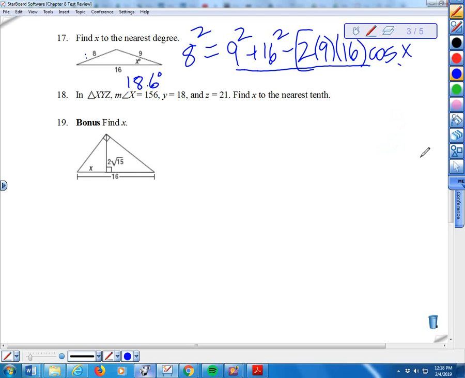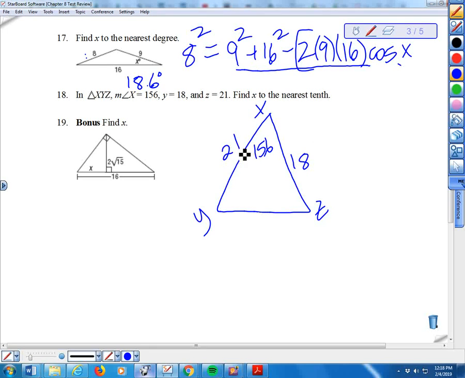Now I have a triangle. X is 156, so that's the angle. Y is 18. z is 21. I can tell right now I'm going to have to use law of cosines. I'm trying to find this side.